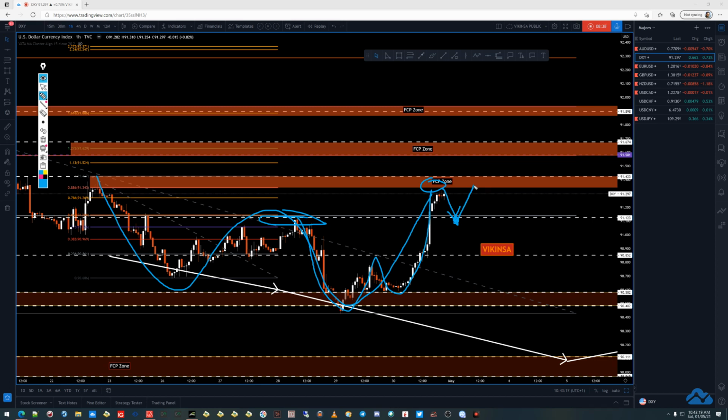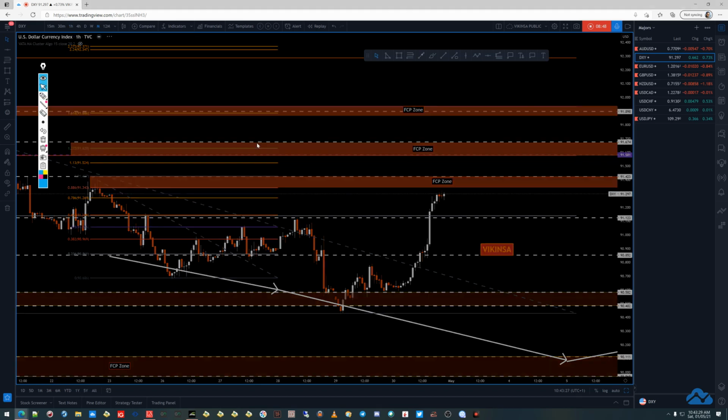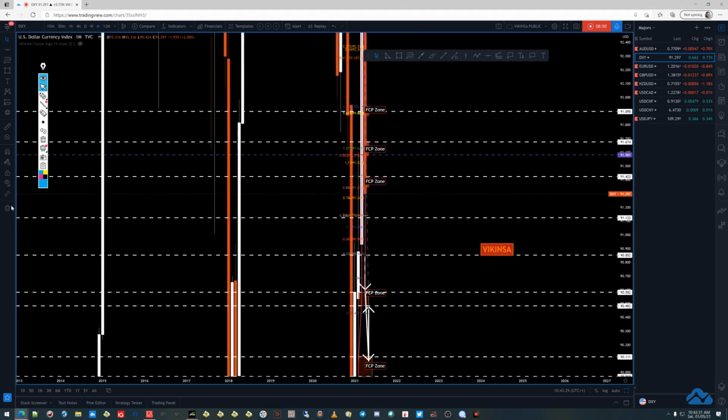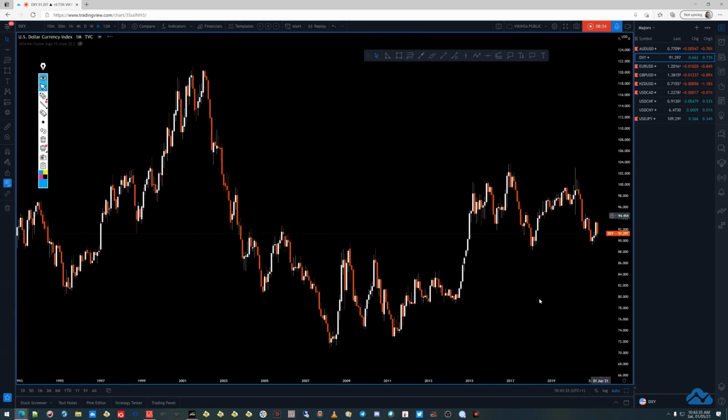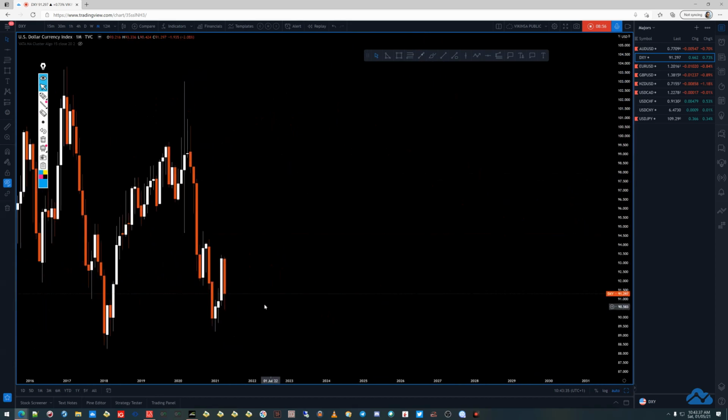So this is what we have on DXY. But be careful, as I said, because the monthly close was a little stronger. I was expecting the market to fall down again. So let me show you this. This is the one that I just mentioned at the start of the analysis.